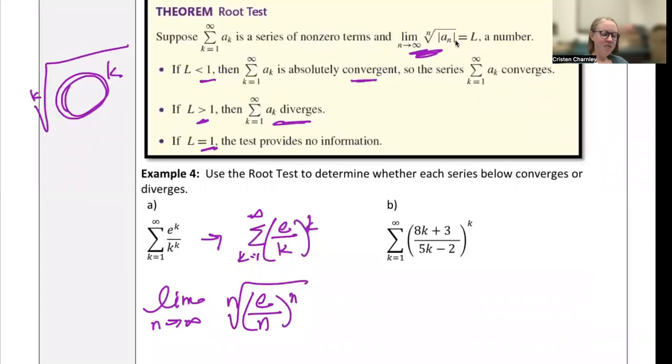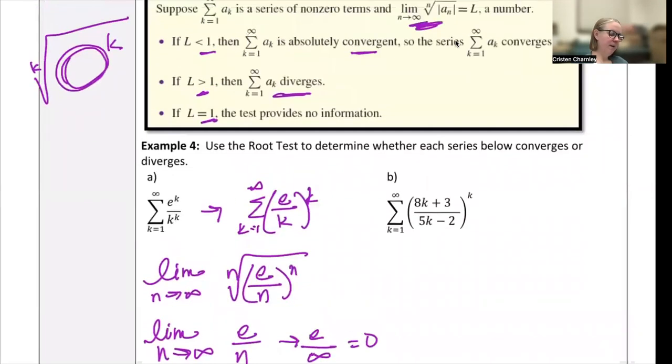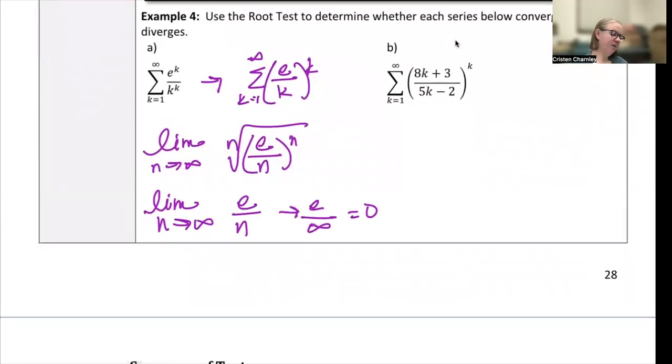Well, if I take the nth root of the nth power, those cancel out. And this becomes the limit as n approaches infinity of e over n. If I replace n with infinity, this is e over infinity. e over infinity is equal to 0. 0 is less than 1, so I can say it converges.